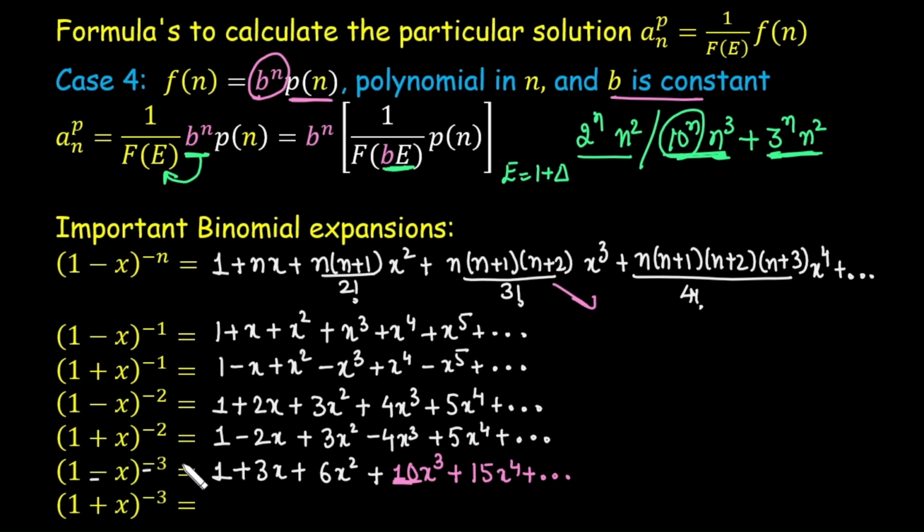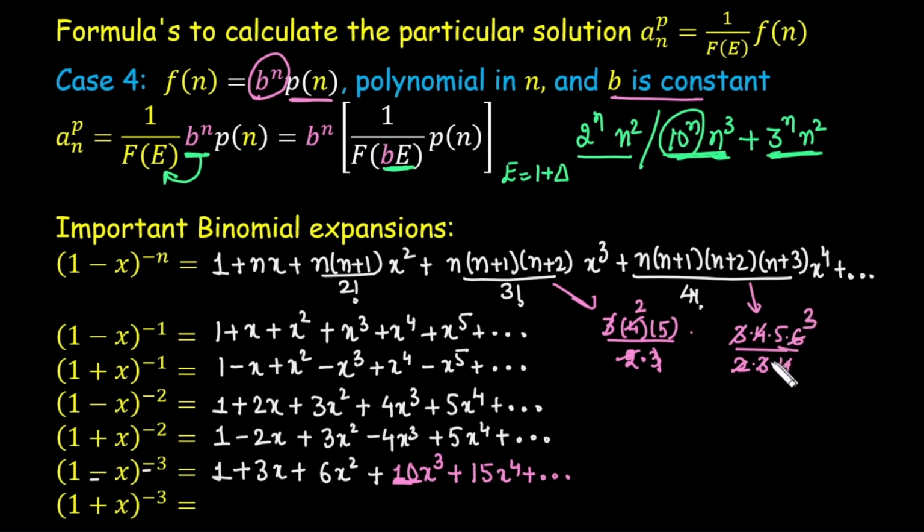When you put n equal to 3, we have 3 into 4 into 5 by 3 factorial, that is 2 into 3. So this 3 gets cancelled with this one. This gives 2, so 2 into 5 is 10. And the same is applicable in this case: 3, 4, 5 into 6 by 2, 3, 4. This 4 gets cancelled with 4, 3 with 3.